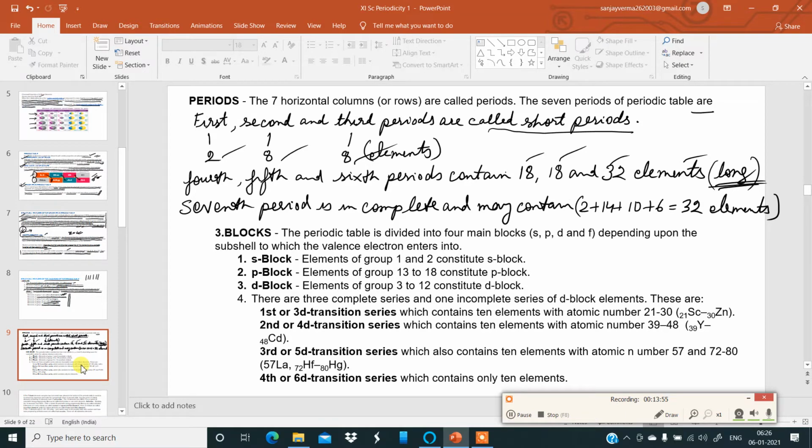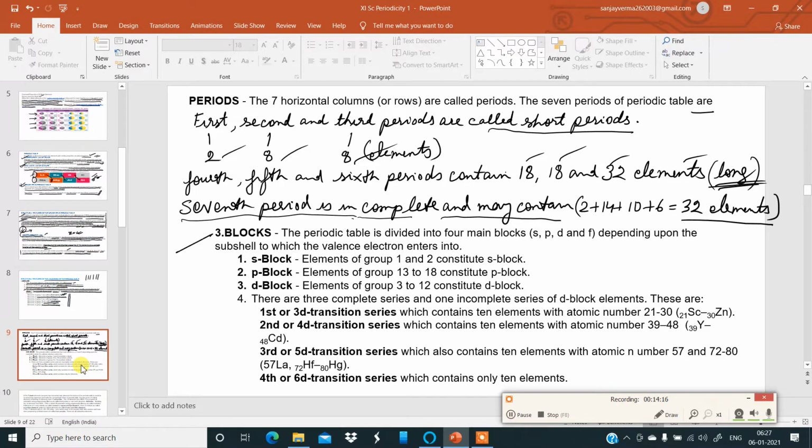And the seventh period is incomplete, and it may contain a total of 32 elements. Addition can still happen in the 7th period, for newly discovered elements.